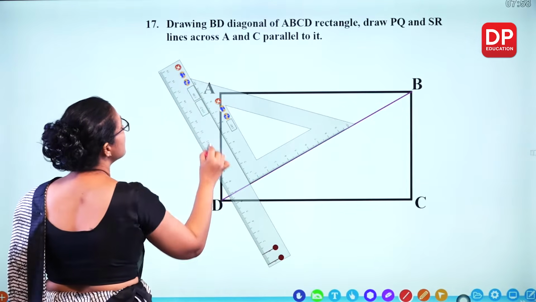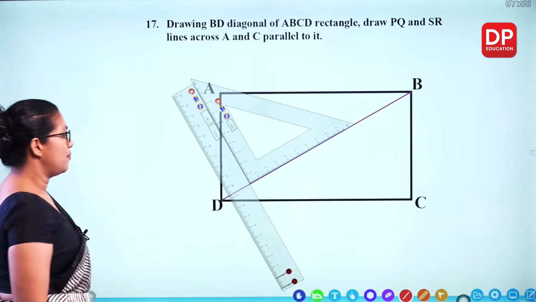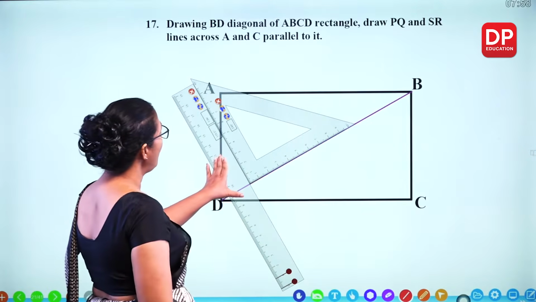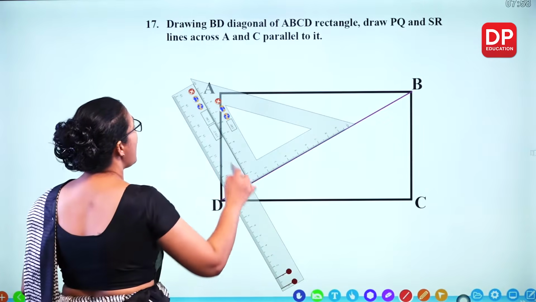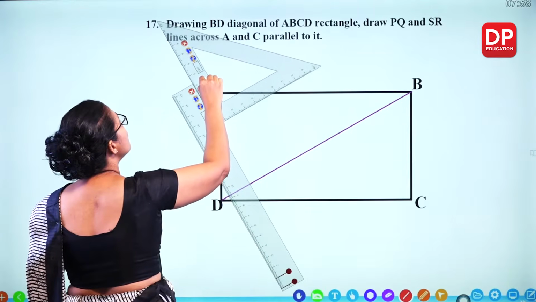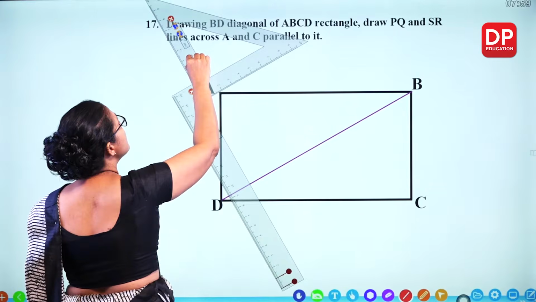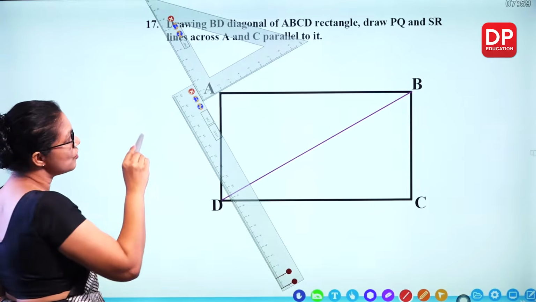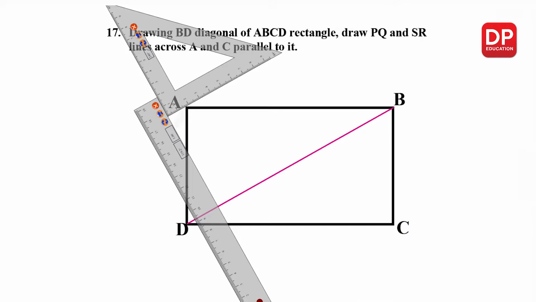So we need more length, so I'll put it like this. And then what you do, you can hold the straight edge ruler tightly and push the set square so that you get the line parallel to BD and passes through the point A. So this is the line. You can draw the line now.